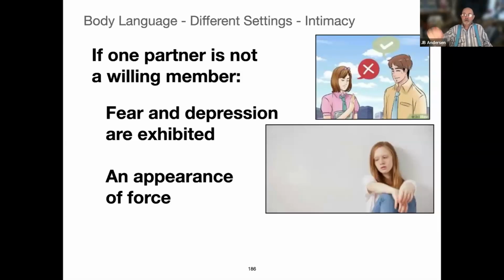If one partner's not a willing member in an intimate relationship, they often show fear when you come close to them, or depression even. There might be an appearance of force. You back off or take a step closer. Hold arms up like you're, nope.